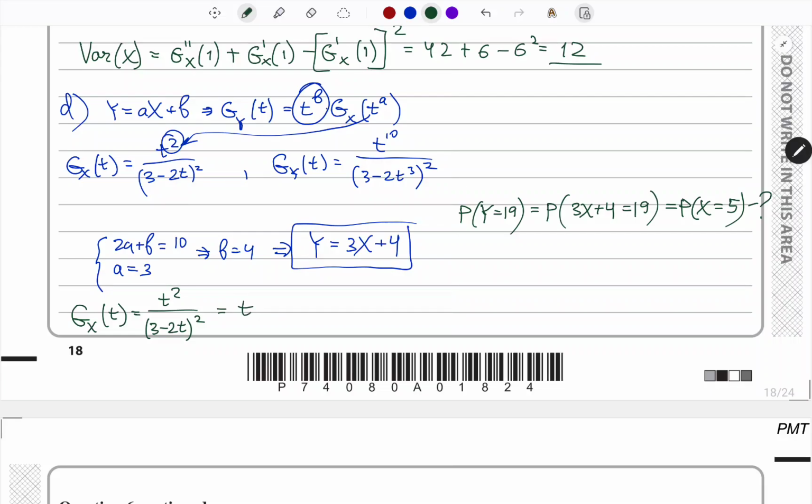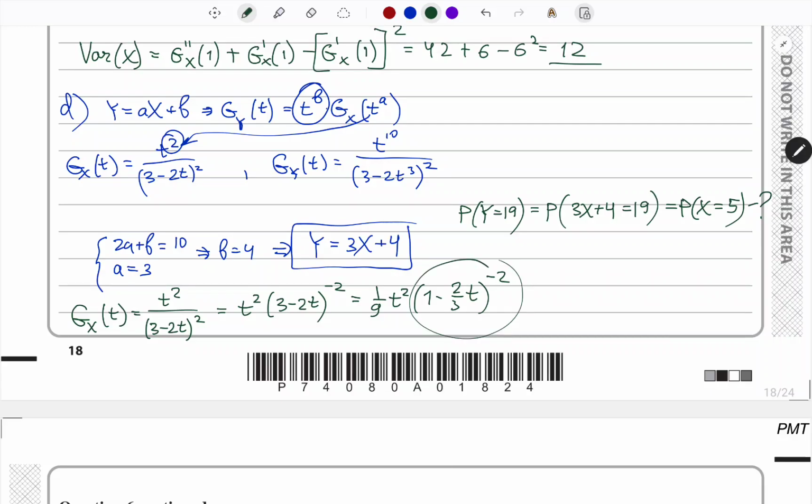So I can rewrite it as t squared times (3 minus 2t) to the power of minus 2. 3 can be taken out as a common factor from the brackets. 3 to the power of minus 2 is 1/9, so t squared, (1 minus 2/3 t) to the power of minus 2, looks like this.